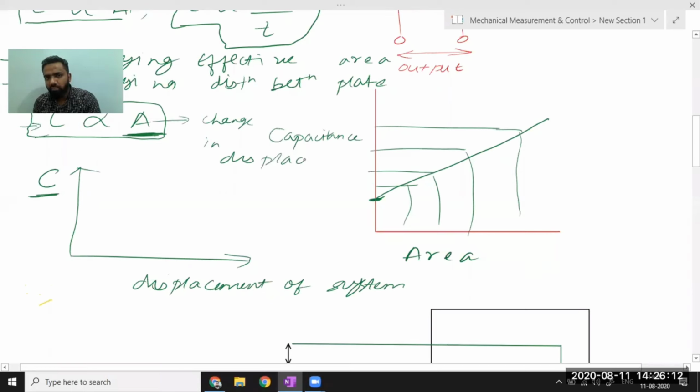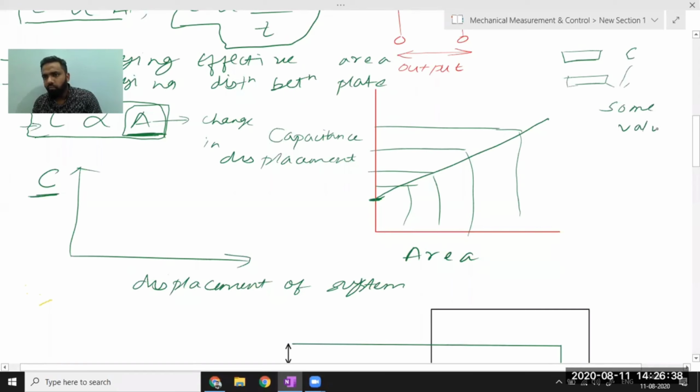Initially, suppose both the plates were overlapping, or even if they were not, whatever the capacitance is, it will have some value at the start.